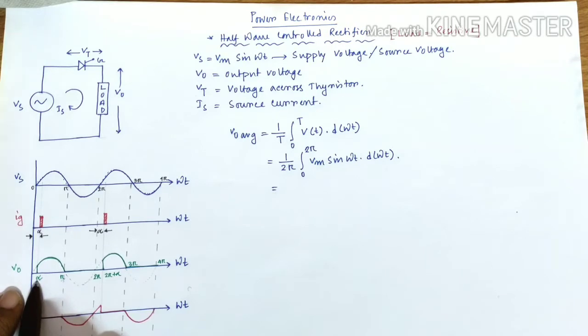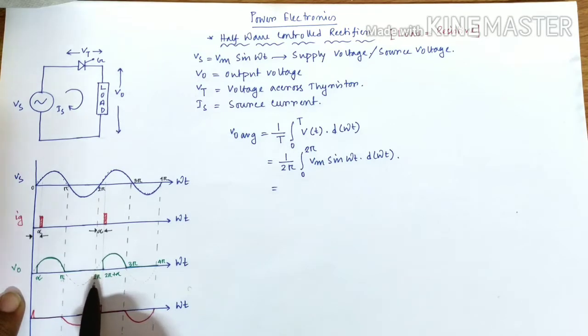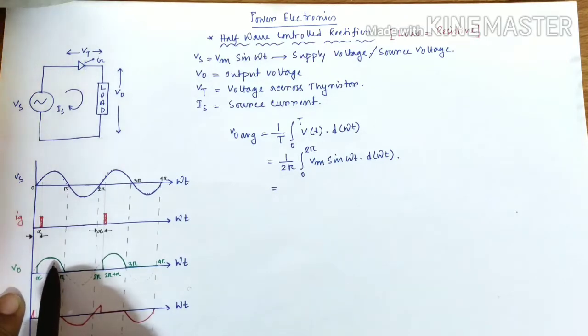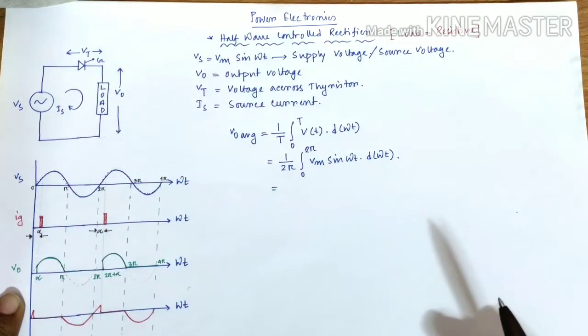From 0 to alpha I will not get any output. From pi to 2 pi we should not get any output. From 2 pi to 2 pi plus alpha, in this region we will also not get any kind of output, because this is the region during which the SCR is off. That is why the output voltage is available only here.